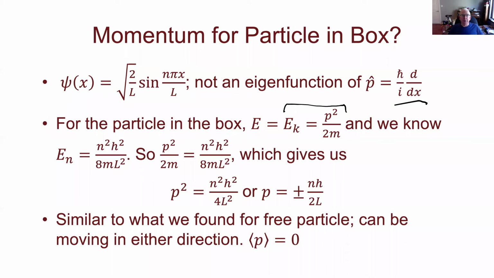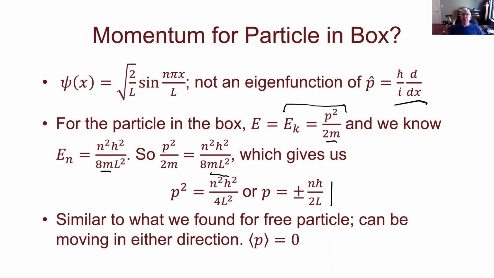So we could, and the energy is all kinetic, right, because the potential energy is 0 as long as we're inside the box. And so I could equate this energy expression with this kinetic energy expression. When I do that and solve for p, what I get is this expression where everything is squared, which means that if I take the square root of that, as it says there, I get 2 possible momenta, right?